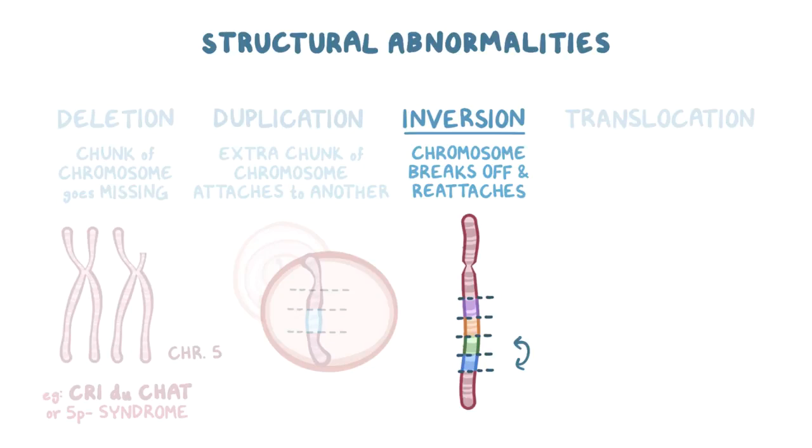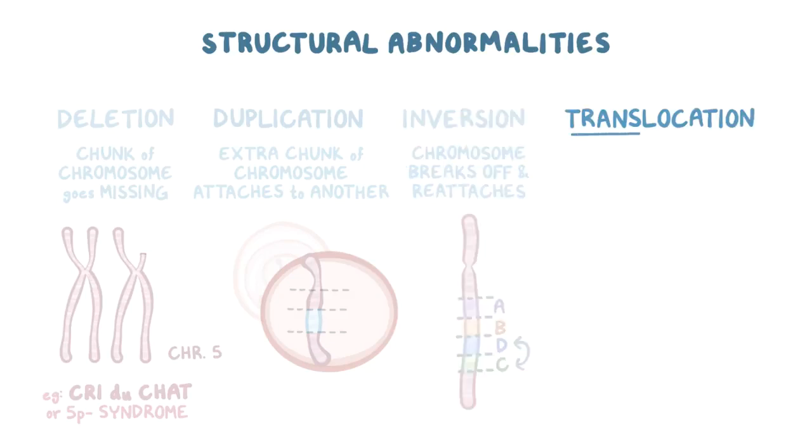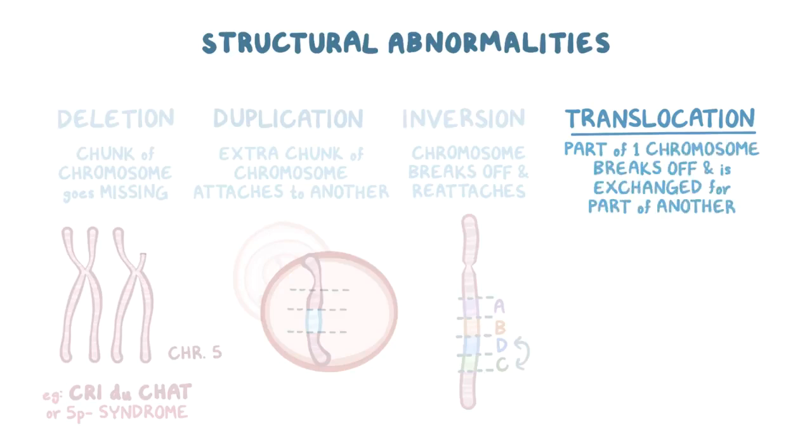So if the original order of the genes in the chromosome was ABCD, now it's ABDC. And finally, there are translocations, which is when a part of one chromosome breaks off and is exchanged for a part of another non-homologous chromosome, which might result in a fusion between genes that were initially separated.